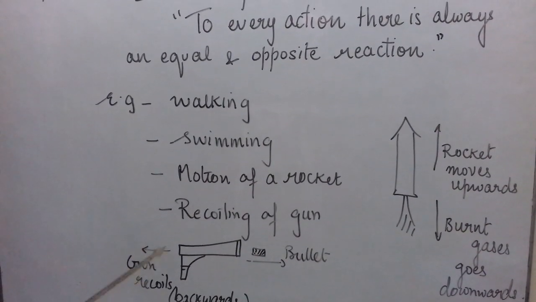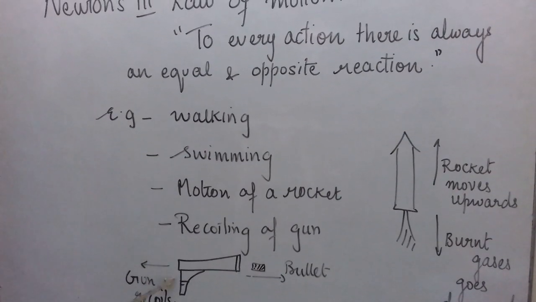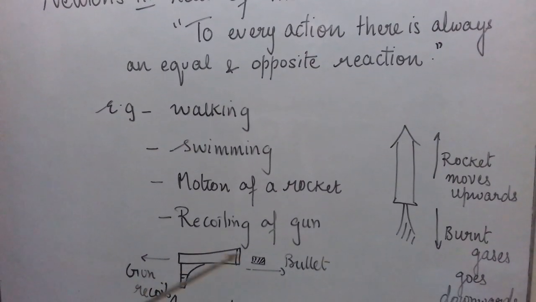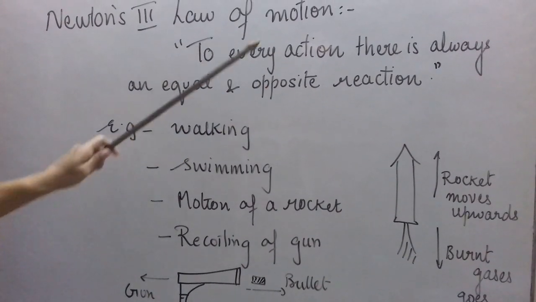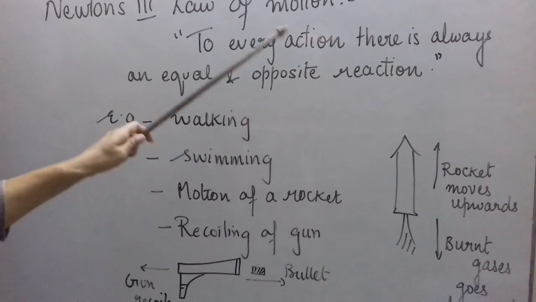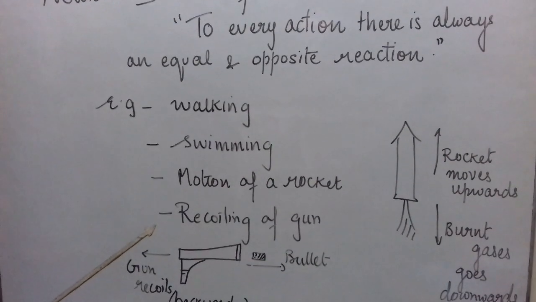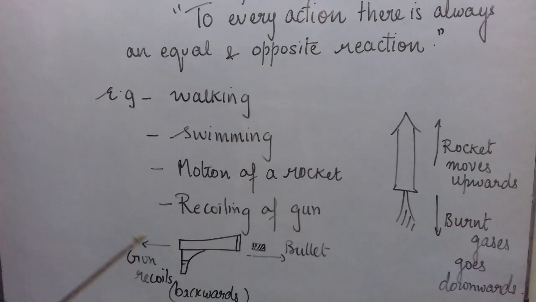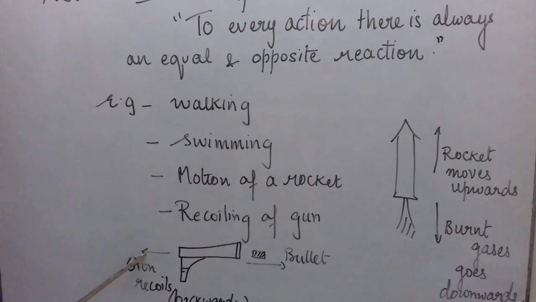Now remember students, in any case when we see the forces exerted, either force can be called the action and the other can be called the reaction. These action and reaction forces are equal in magnitude and opposite in direction, but still the accelerations produced are not equal. Why?